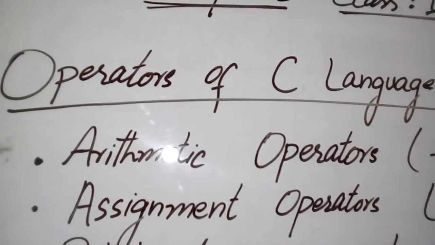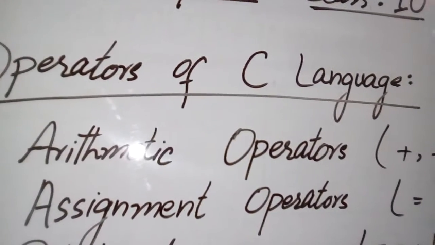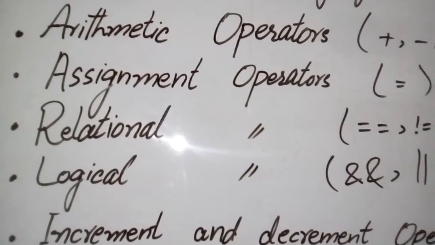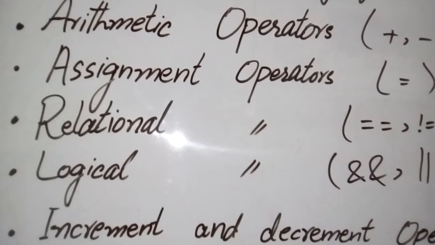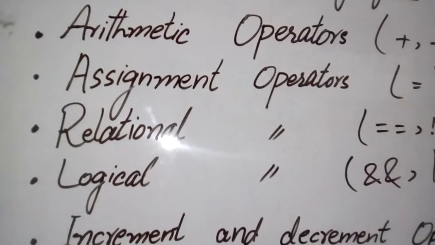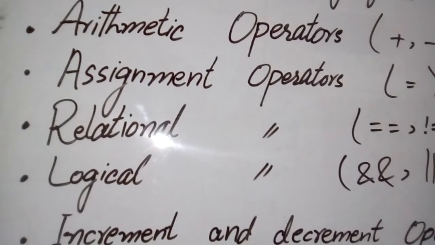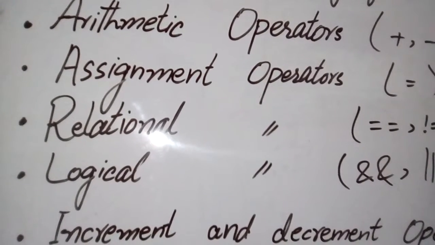Now in this lecture, we will discuss the operators of the C language. First of all, think about what operators are. Operators are symbols which are used to operate on data or values, right?